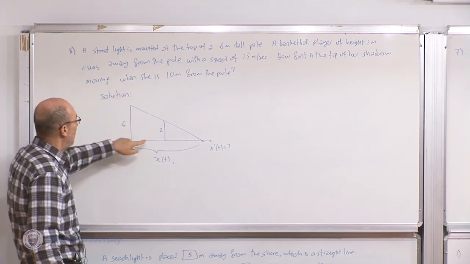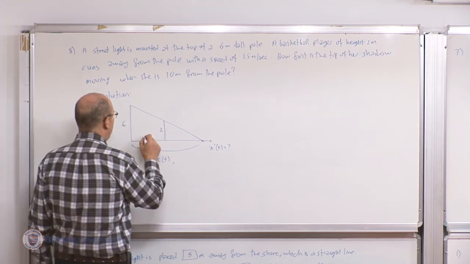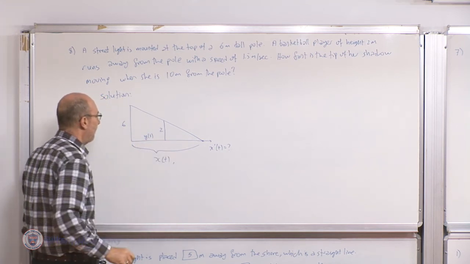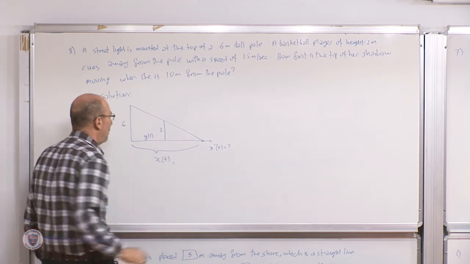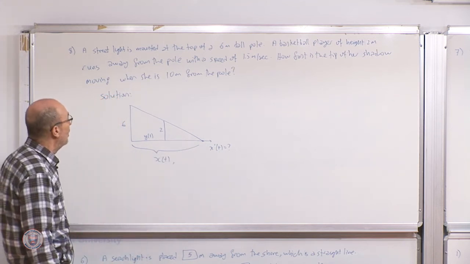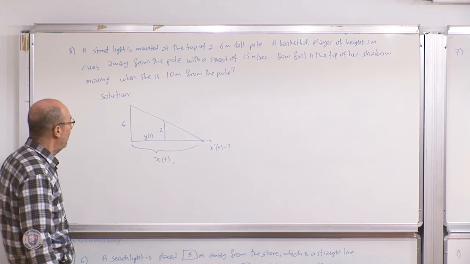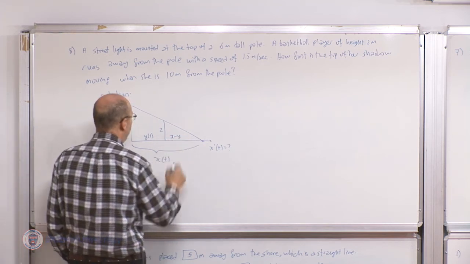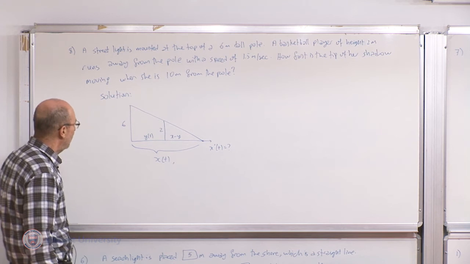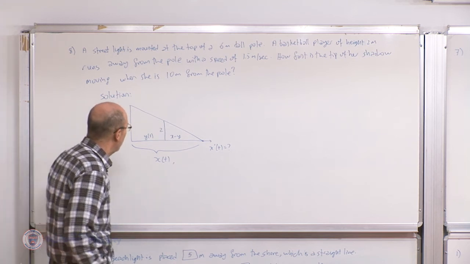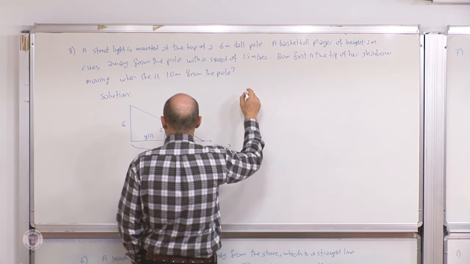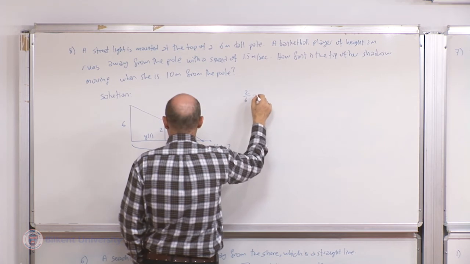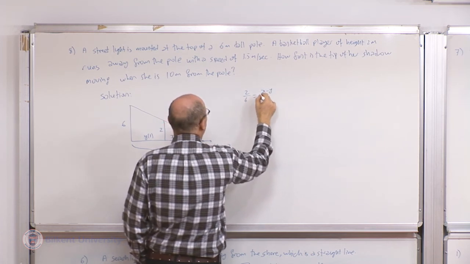And so since the speed is given, this thing is changing. So let us call this y of t. Okay, so then this part is x of t minus y of t. We know that y prime is 1.5, and we want to find x prime. So this part is x minus y. Okay, so let's relate these things. So 2 over 6 is equal to x minus y over x.